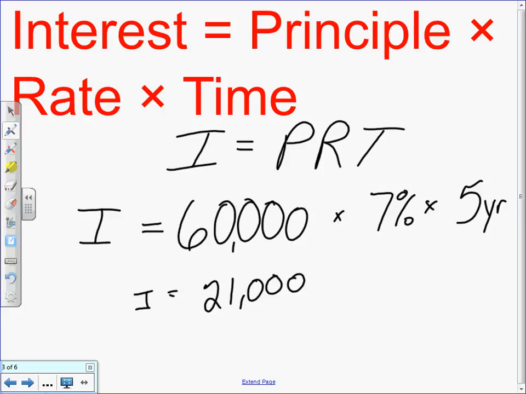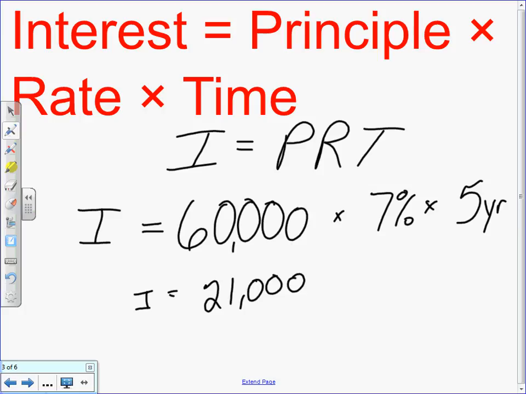Okay? That means Larry, even though his car is only going to cost him $60,000, okay? But because he borrows that money from the bank, well, the bank's got to get something back from him. That's what simple interest is. The bank's got to make a profit somehow, okay? So they're going to charge him $21,000 over the course of those 5 years so that he can get that car, okay?